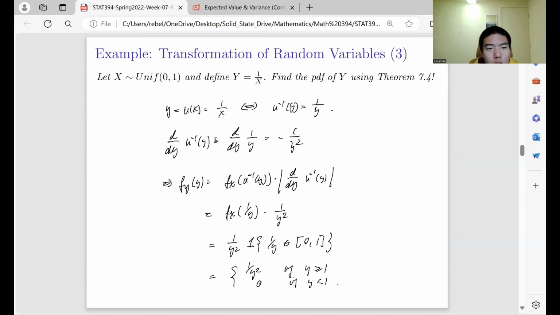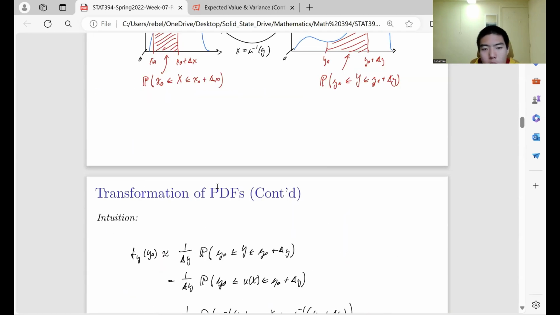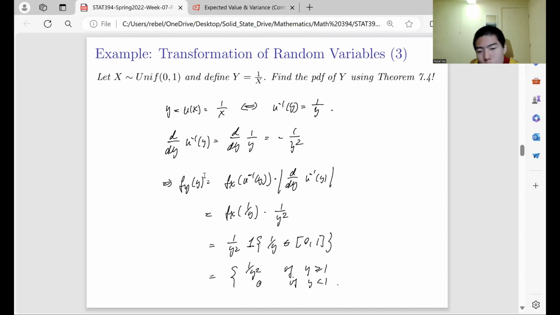All right. So this example is computing random variables of transformation using theorem 7.4, which is this theorem. After we introduce it, we'll use it to find out if it actually works, or is even more difficult than we thought at the beginning.